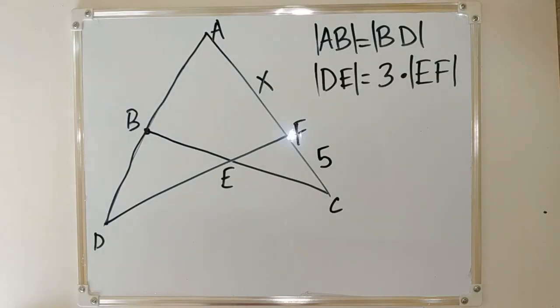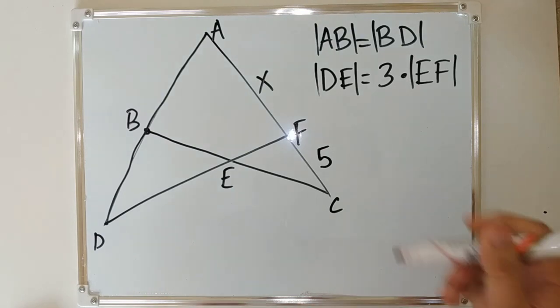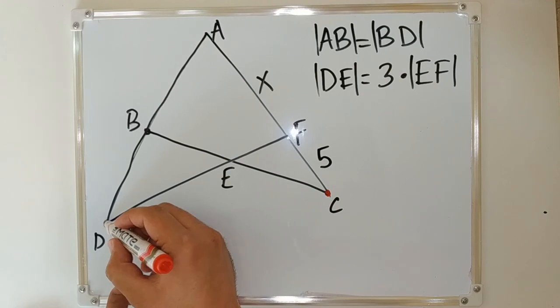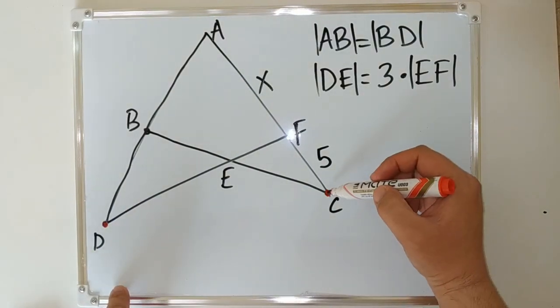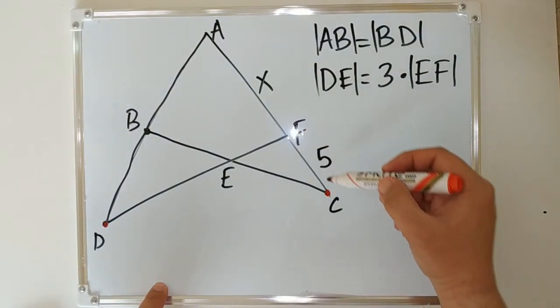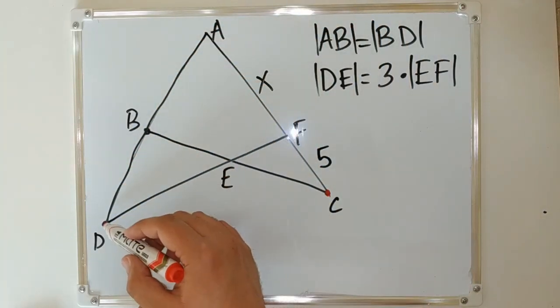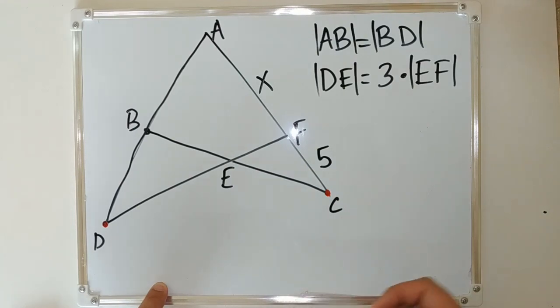Alright, let's try to solve this example. Here you can pause the video and give it a go. If we start from this point, actually we have two possible situations here. If we start from this point, we will get 5 over 5 plus x, AB over BD, and DE over EF.